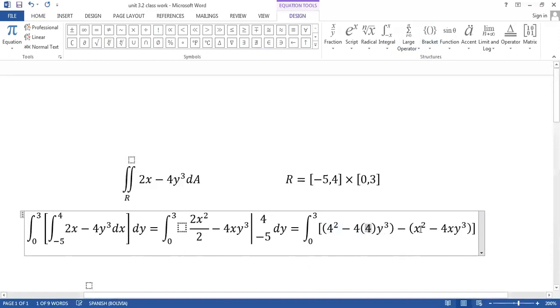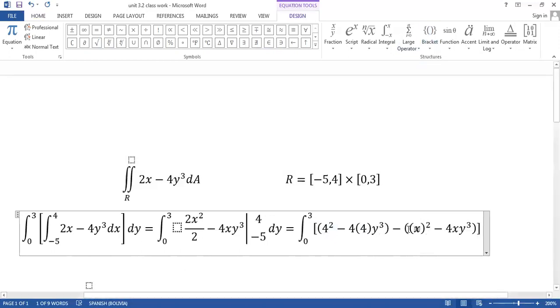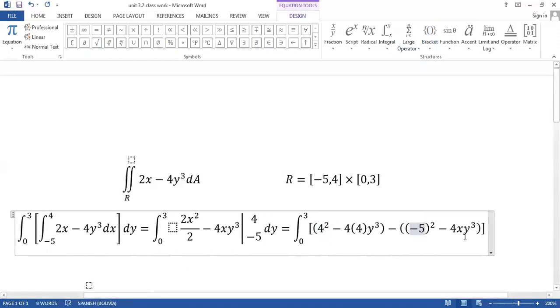Sir, why not the 5 first? Because the upper limit is 4. It's the upper limit minus the lower limit. Okay, cool. So I'm going to put in a parenthesis here, and this is -5.